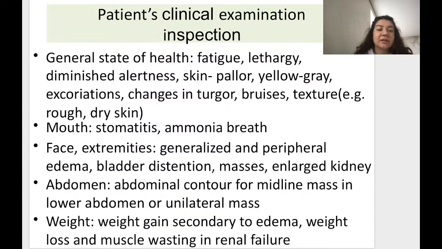Face and extremities: generalized and peripheral edema, bladder distension, masses, enlarged kidney. In the abdomen, we check abdominal contour for midline mass in the lower abdomen or unilateral mass. By weight, it is typical weight gain secondary to edema, weight loss and muscle wasting in renal failure.